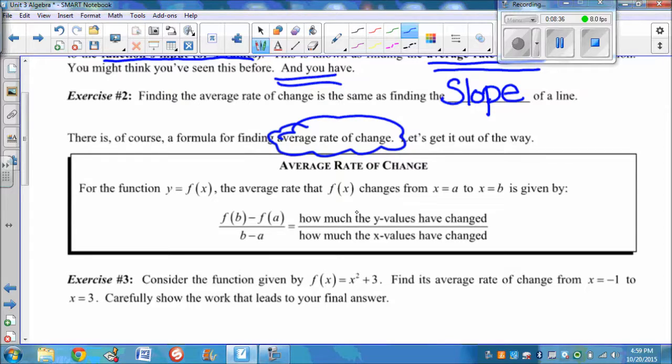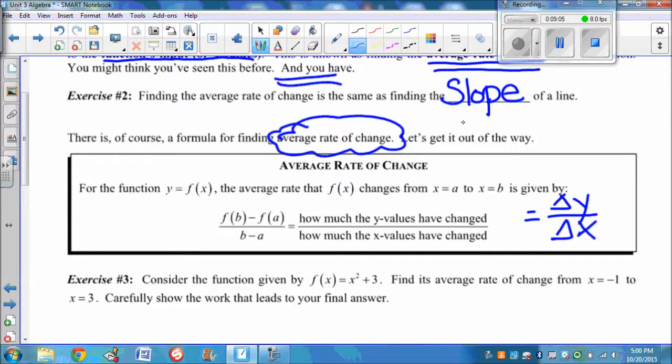In other words, the change in the y values, divided by b minus a, the change in the x values. You may have seen this last year. I like to abbreviate it: change in y over the change in x.